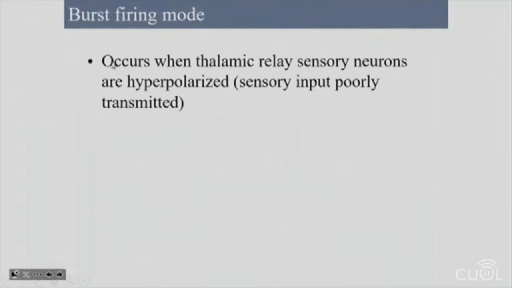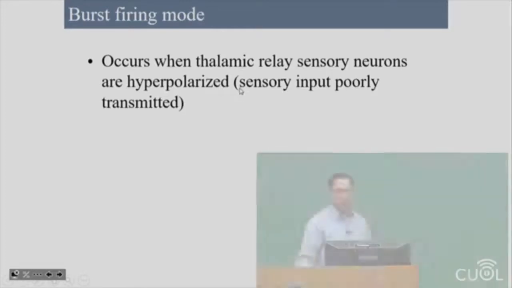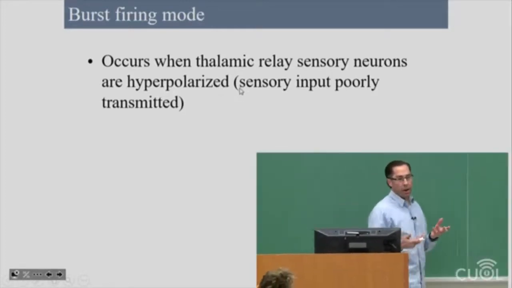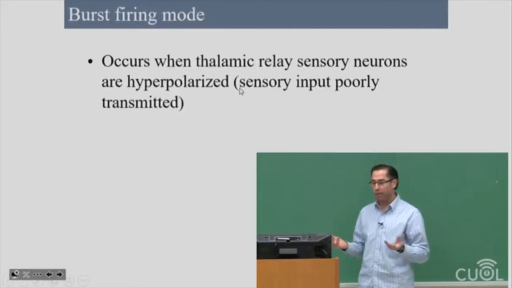In burst firing mode, those thalamic relay sensory neurons are hyperpolarized. Which is a bit like, do I dare say, forget everything you've learned? No, I don't. But now think about another way in which GABA can influence activity of your brain.